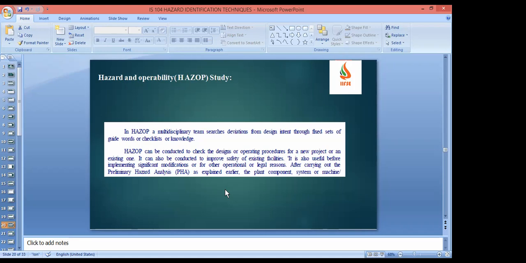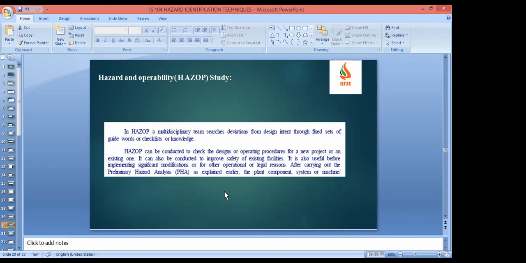Through a fixed set of guide words, checklists and knowledge, a HAZOP can be conducted to check the design or operating procedures for a new project or an existing one. It can also be conducted to improve the safety of existing facilities, and it is also useful before implementing a significant modification or for other operational or legal reasons.